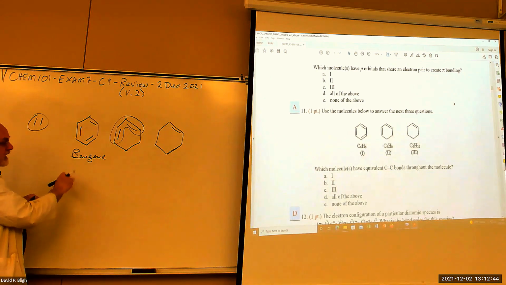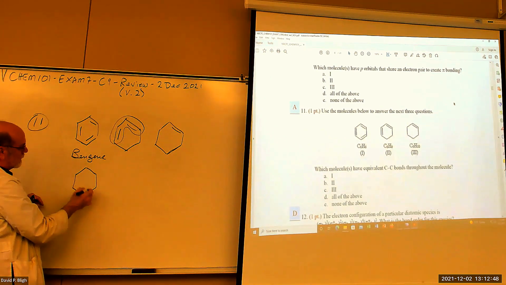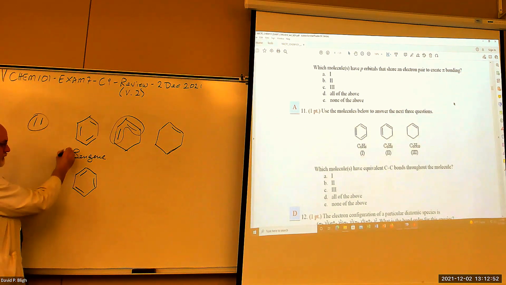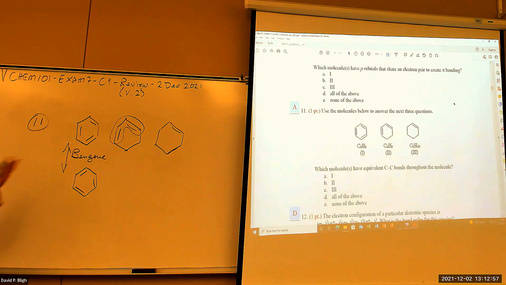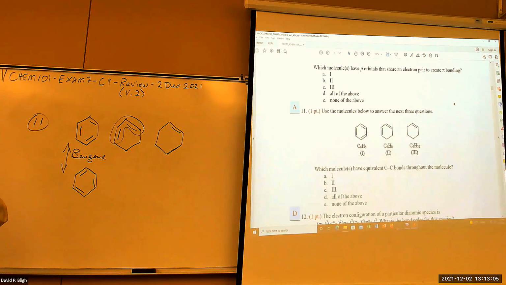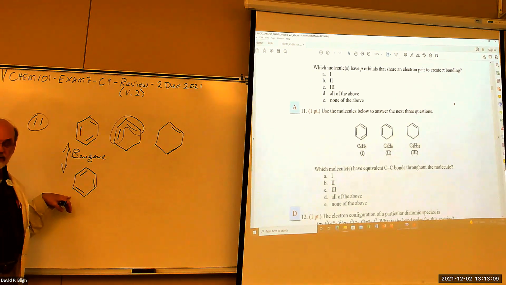So it resonates with another one that looks like this. Okay, so they resonate back and forth between those two. We have to write it that way. At the end of the last chapter, the last lecture, we talked about delocalization.